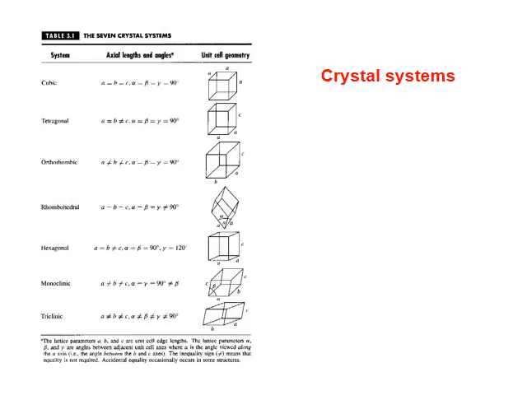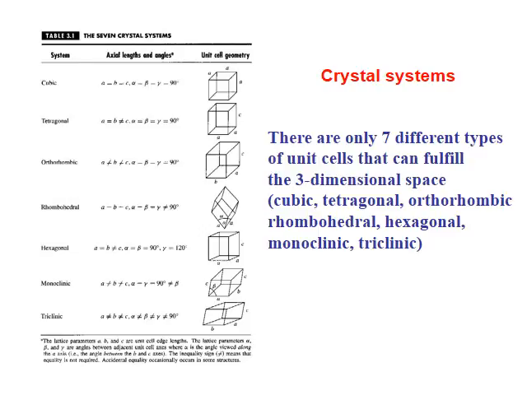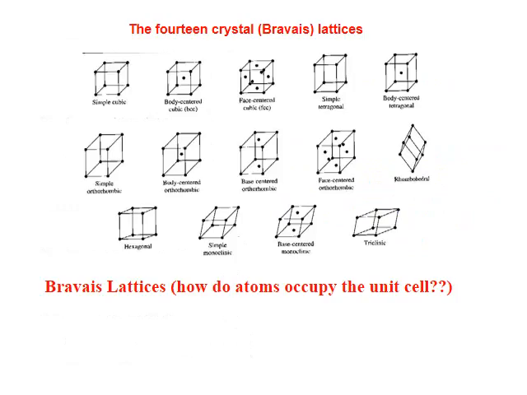Do you remember this from your undergrad course? These are the crystal systems. There are only 7 different types of unit cells that can fulfill the three-dimensional space: cubic, tetragonal, orthorhombic, rhombohedral, hexagonal, monoclinic, and triclinic. And these are the 14 crystal lattices, the Bravais lattices.